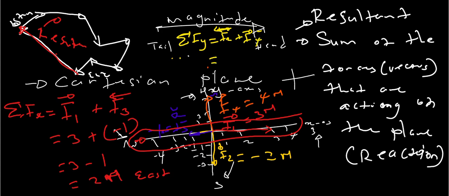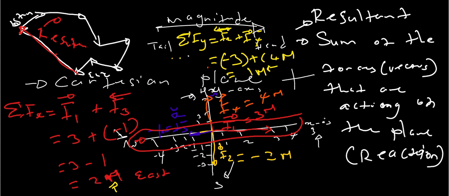F2 has a magnitude of -3, and F4 is 4 Newton. So the sum of the forces acting on the y-axis is going to be 1 Newton.